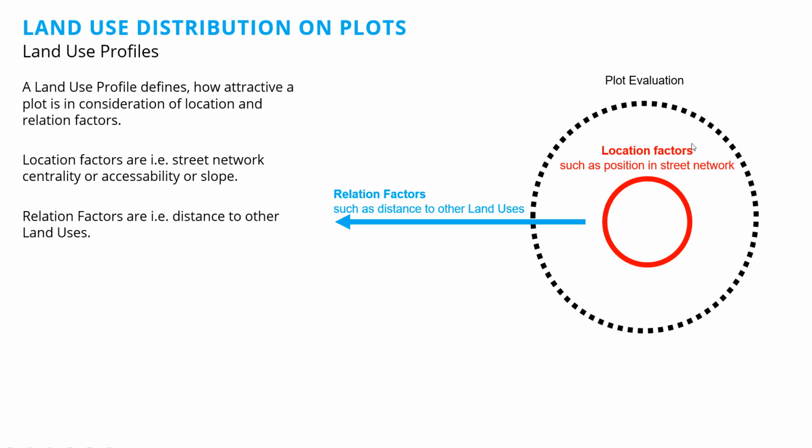First of all, the location of the plot within the street network, for example, or the terrain, so the slope or how central it is located, and also on relational factors. In what kind of distance is the plot towards other land uses that we might prefer or not, such as residential might not prefer industry close by.